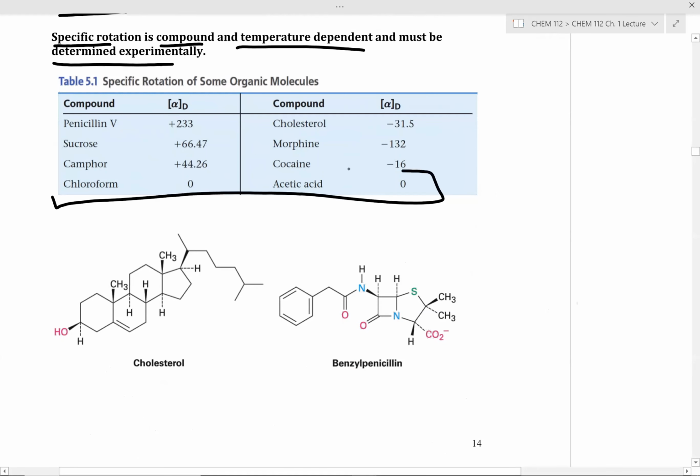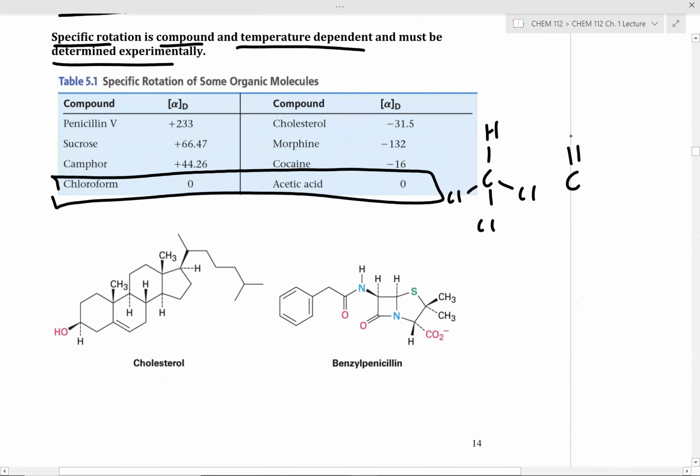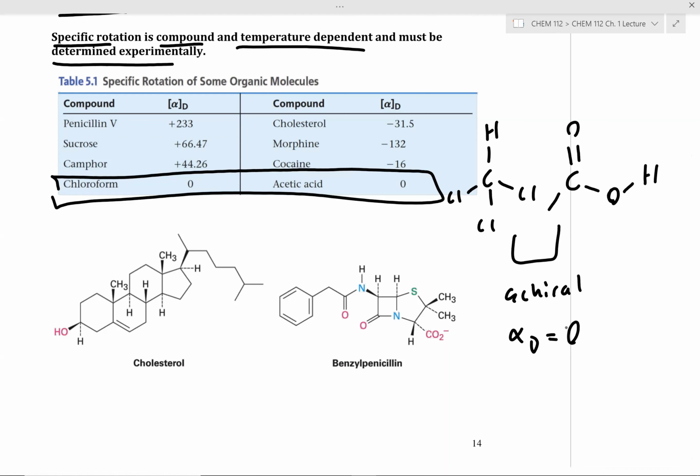However, one thing that I do want you to pay attention to is that for these two compounds, chloroform, which looks something like this, and acetic acid, which looks something like this, both are achiral, and as a result, their optical rotation would be 0. So that is one thing to keep in mind. Achiral compounds will not rotate plane polarized light. So measurement of optical rotation can give you a sense of whether or not your compound is chiral.